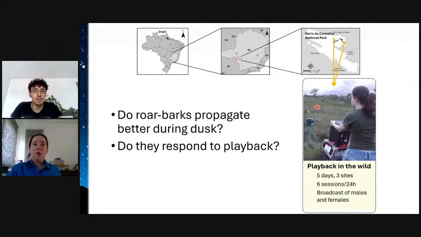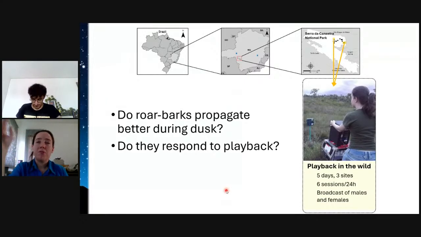Now, to answer that question of why do they concentrate their activity in the dusk and the first half of the night and not the second half or dawn, we conducted a playback experiment.